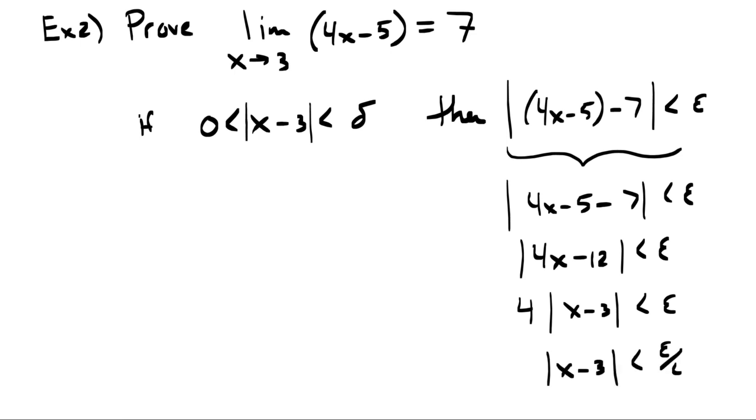So notice I was able to reduce this equation back down to the condition that I have with delta. That's how I get it. It's really taking this function, bringing it back down so that the condition of delta is met. And then I just say, oh yeah, that's easy. Delta is epsilon over 4. Now, that was just us to find the delta.